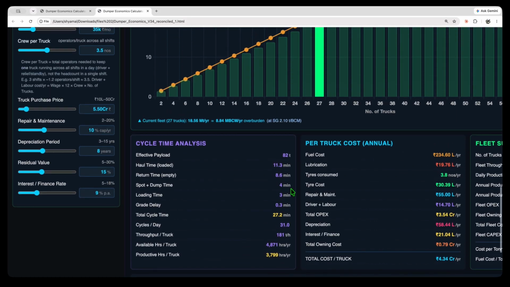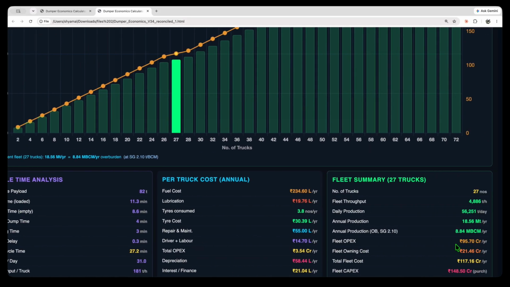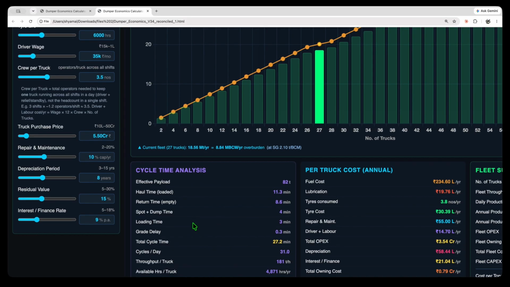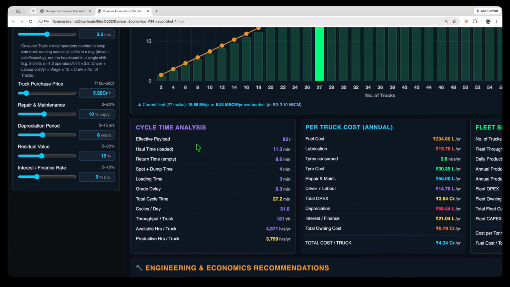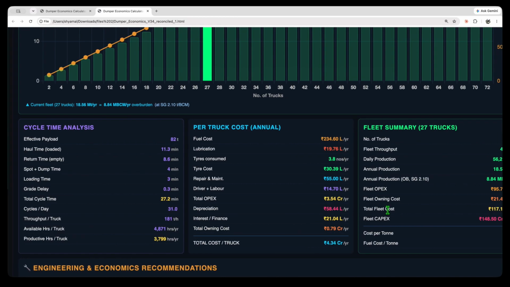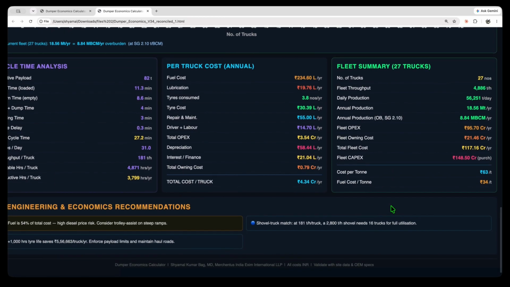And then finally, these three tables are showing the entire report, that is cycle time analysis. All these figures it is showing, per truck cost also it is showing, fleet summary also it is showing.